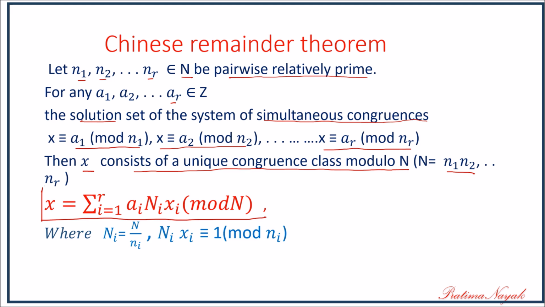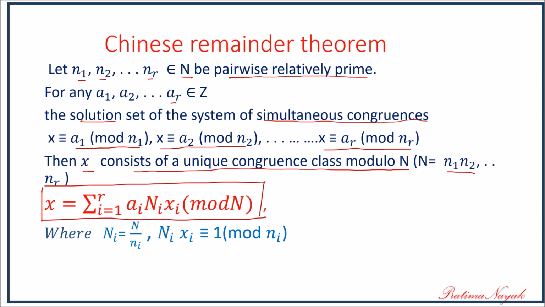This is the summation of ai multiplied by capital Ni multiplied by xi, the sum of all these products from 1 to r. How is capital Ni calculated? Capital Ni is calculated by capital N, which is the product of n1, n2 up to nr, divided by the individual ni.